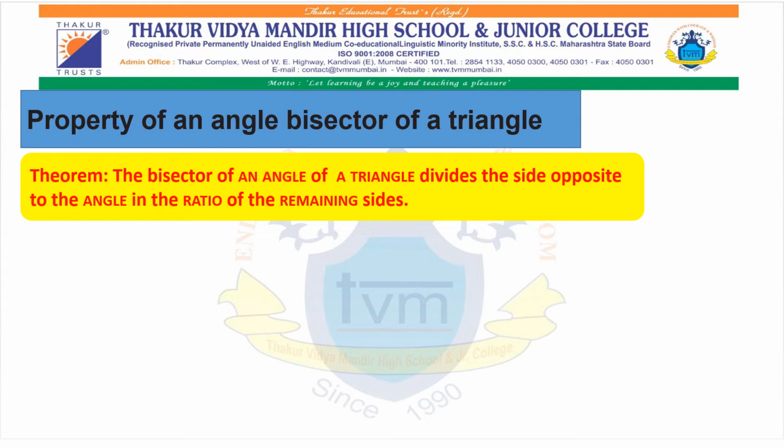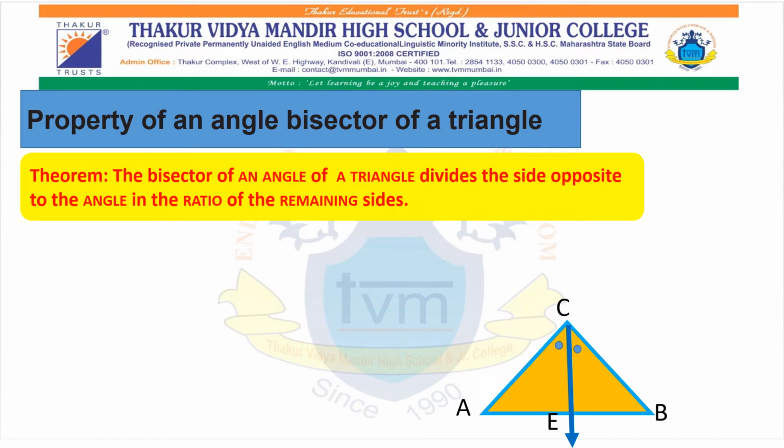To prove this theorem, we'll first draw the diagram. As the statement says, the bisector of an angle of a triangle, we'll first draw a triangle. Let us name the triangle ABC, and we'll take the bisector of angle ACB as CE, which intersects side AB at point E.